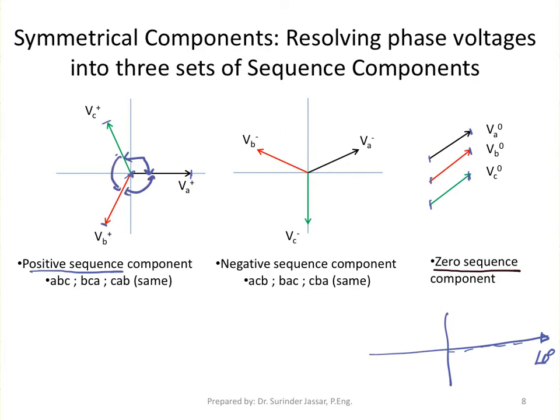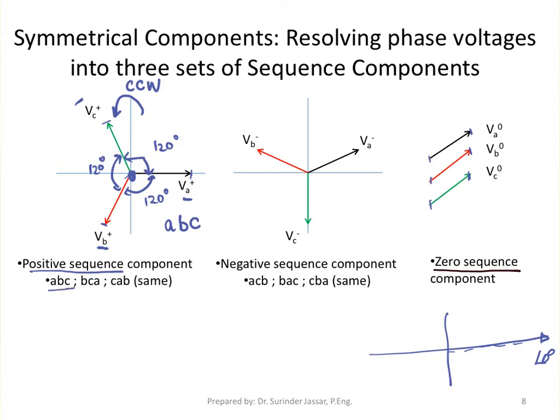And you hold it in the center, and you rotate it in the counterclockwise direction. Once you see it rotating, standing right in front of it, you're going to see B following A and C following B, or A is followed by B, B is followed by C.